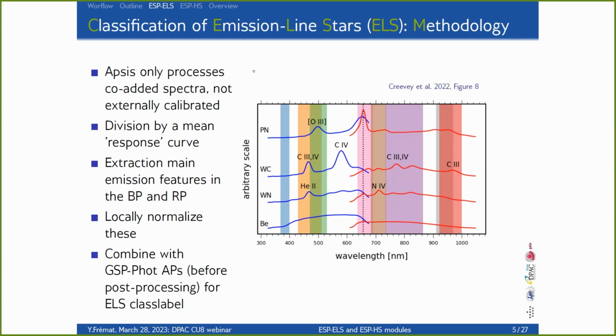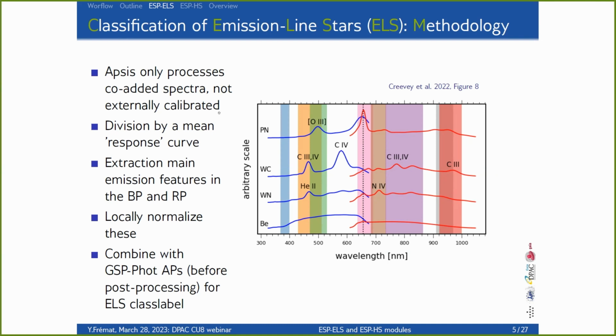Specifically about the BP/RP data, we also have to keep in mind that we do not have access during the processing to the externally calibrated data, meaning that we are directly working on this bell-shaped energy distribution that we also see.